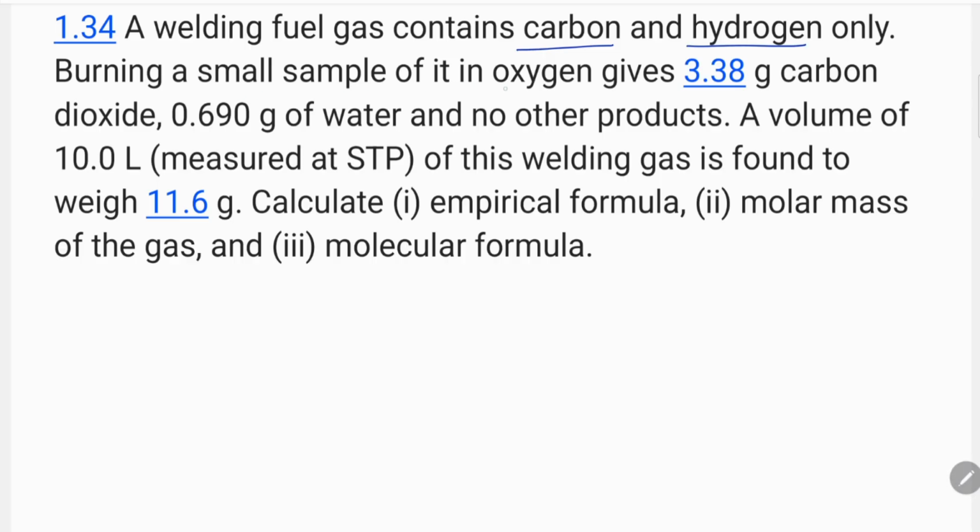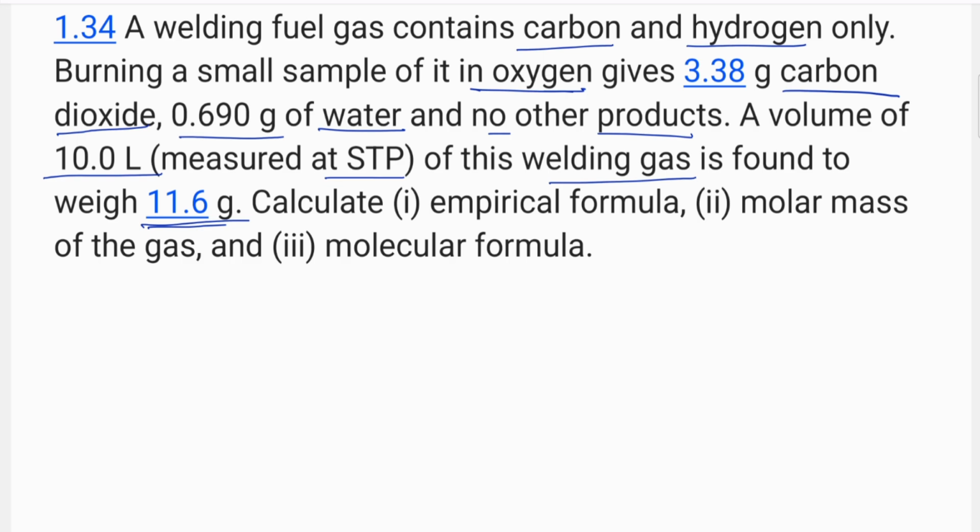Burning a small sample of it in the presence of oxygen gives 3.38 grams of carbon dioxide and 0.690 grams of water and no other products, which means this fuel is only composed of carbon and hydrogen. A volume of 10 liters measured at STP of this welding gas is found to weigh 11.6 grams. So the volume and mass relationship has been given, right? And we have to calculate the empirical formula, the mass of the gas and the molecular formula.